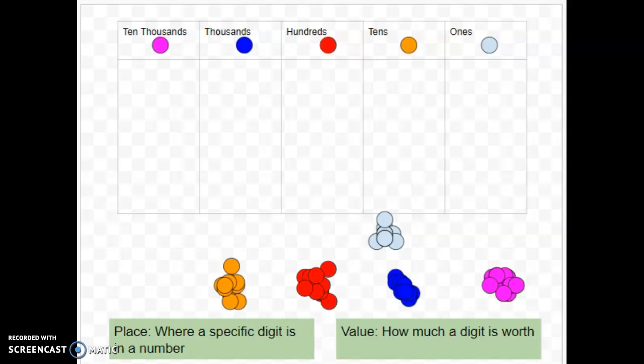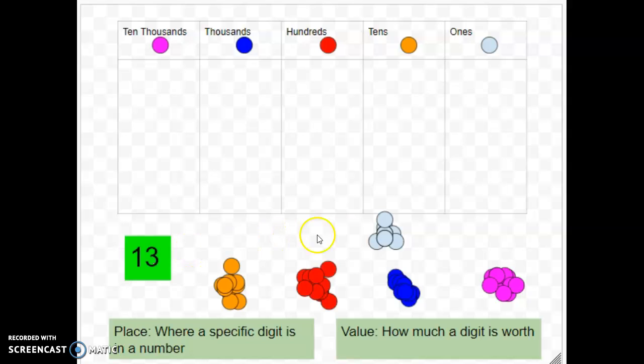The next number we are going to create is the number 13. When you look at the number 13, you look here in the ones place, and we again have 3 ones. And next to the ones is a ten. So we have 1 ten.